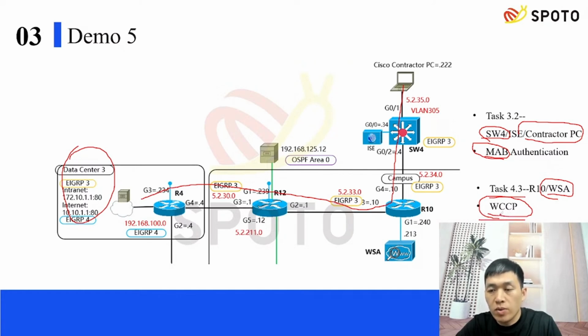And task 4.3 is about web security appliance, and we will need to configure web redirect. In the old version, we needed to deploy it on inbound traffic, but now we need to deploy it on egress. Used to be ingress traffic, but now it's egress. Okay.